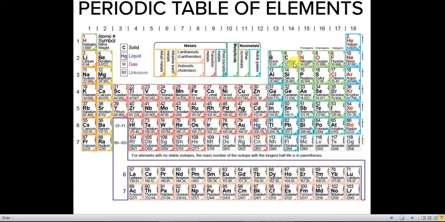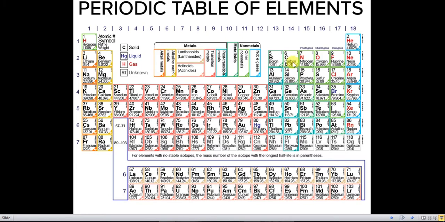So if we see this carbon, silicon, germanium column, these elements are metalloids. They are semiconductors. Especially we will use silicon and germanium to form a semiconductor diode.